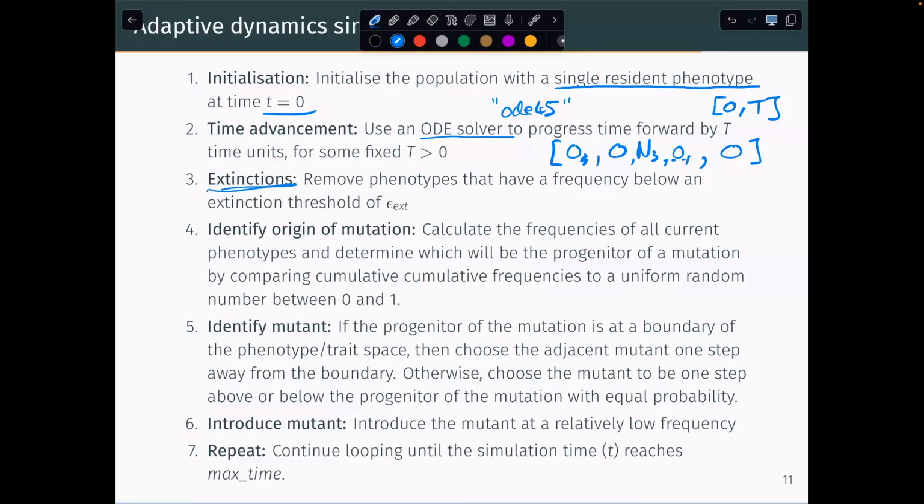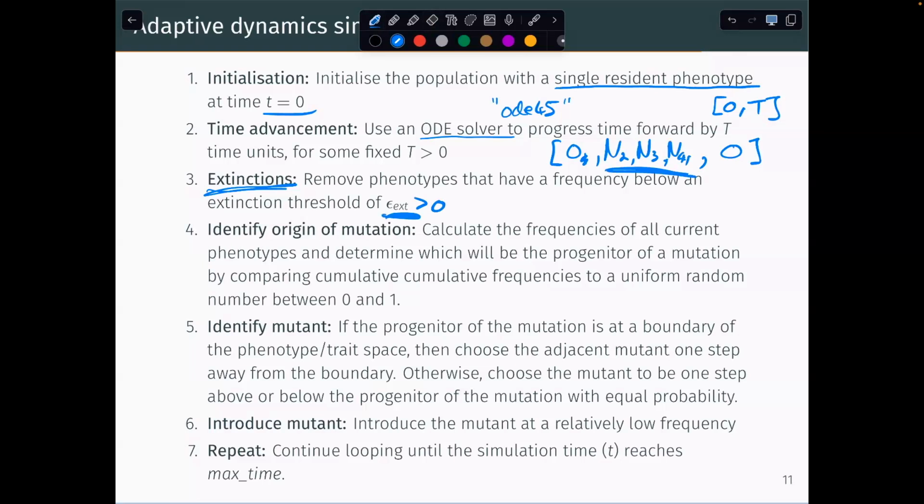At this point here, we check whether anything has gone extinct. Here we start off with just one resident phenotype. We hope it hasn't gone extinct. Otherwise, it's telling us that there's no stable equilibrium, which is non-trivial. But typically, in a more generic state, when you have many types in the system, maybe here an N2 and an N4, just for argument's sake, we want to check whether the frequencies of these fall below some threshold, epsilon extinction.